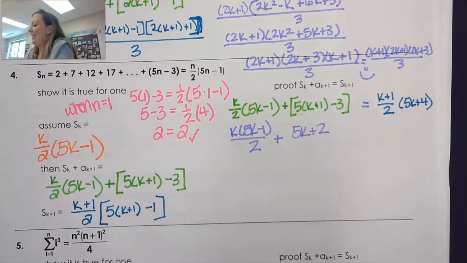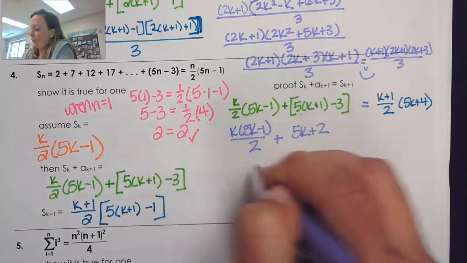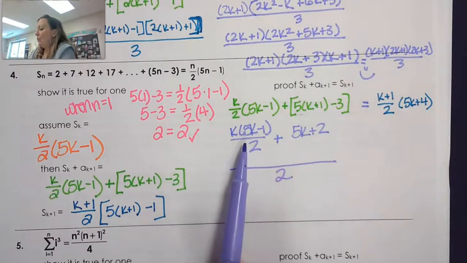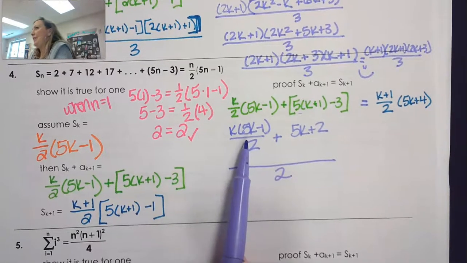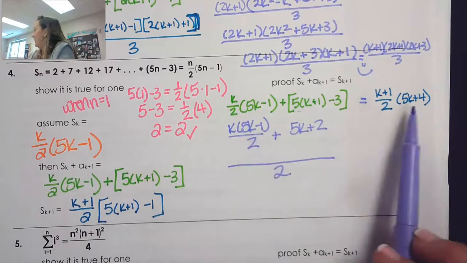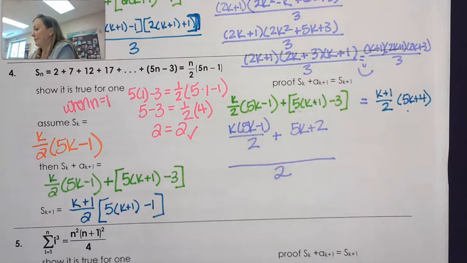Now, when I go to my next step, and if I'm trying to put everything over 2, do you think it makes sense to keep this factor? Let's look. Is that a factor that we see that we want? No. So let's multiply it out, okay?